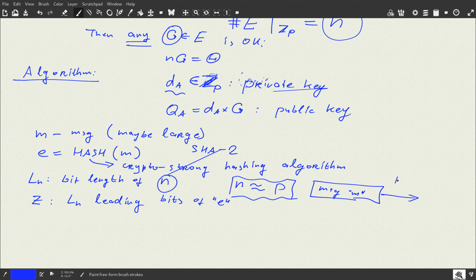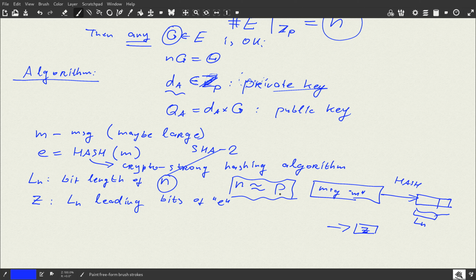By applying a hash function, we get a shorter hash of a certain length, and then we take the initial Ln bits, and this is our z.